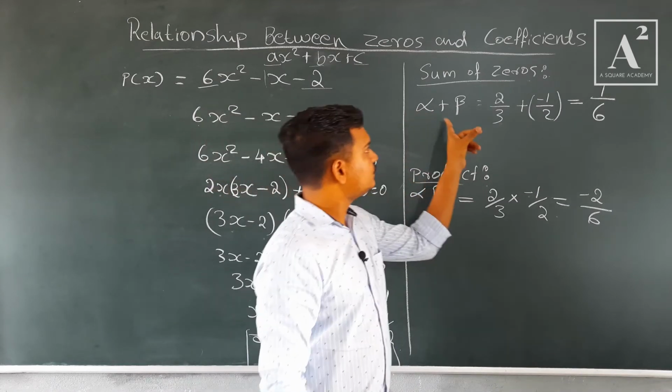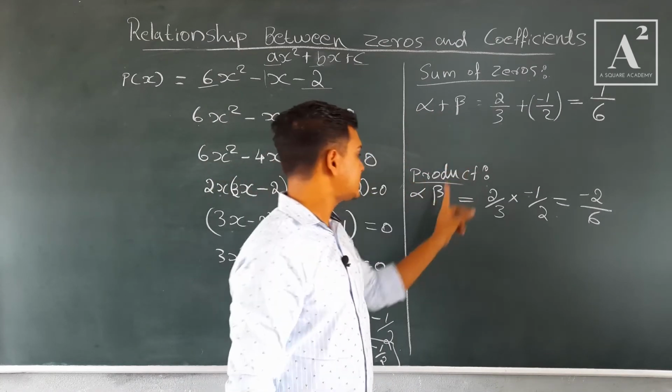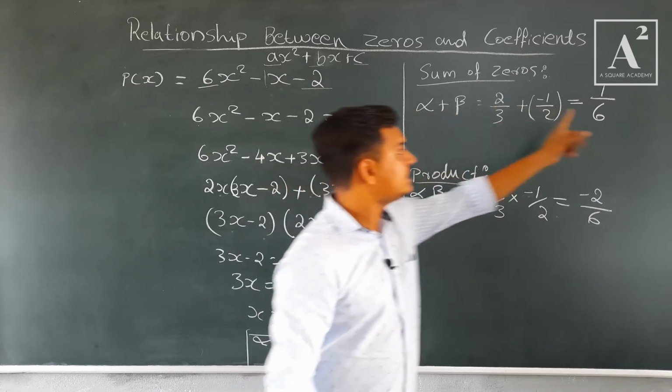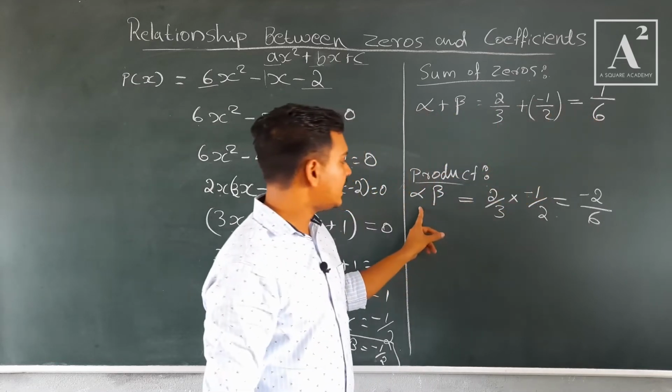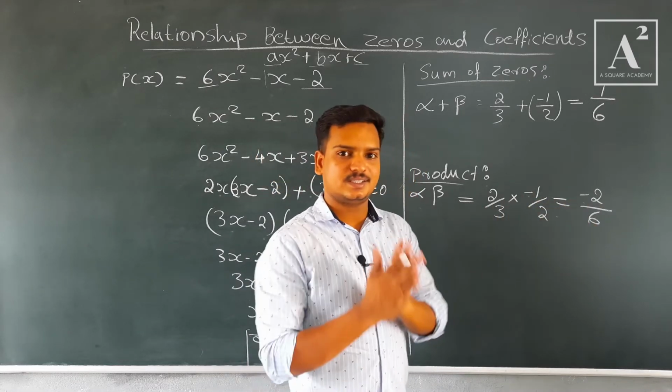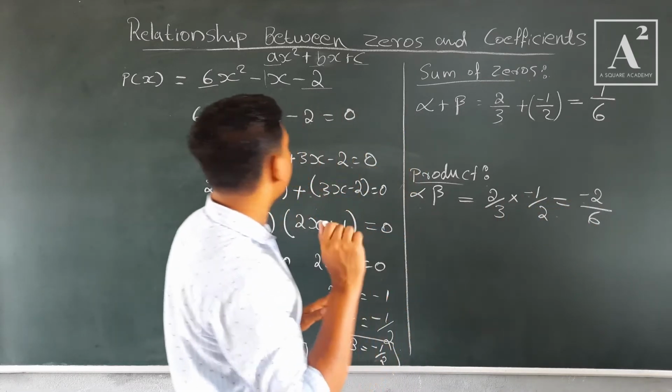So, what we did: first we obtained the sum of the zeros, second the product of the zeros. The sum of the zeros, alpha plus beta, we got 1 by 6, and alpha beta, the product of the zeros, we got minus 2 by 6. Now, a clear observation.